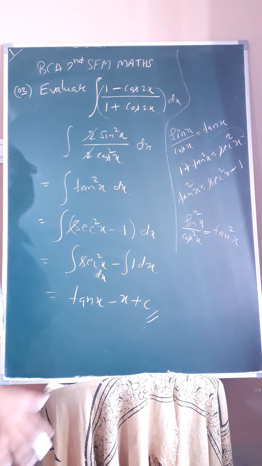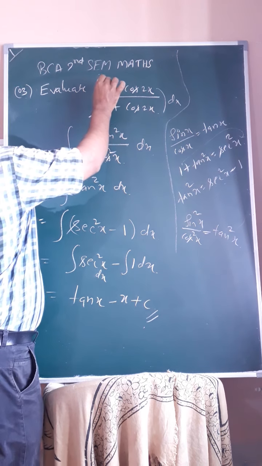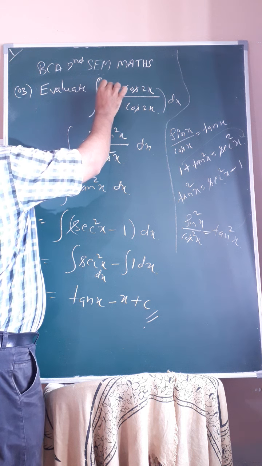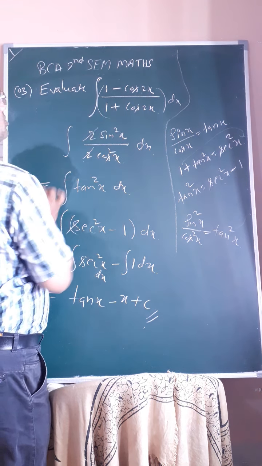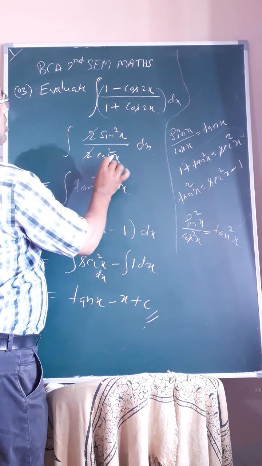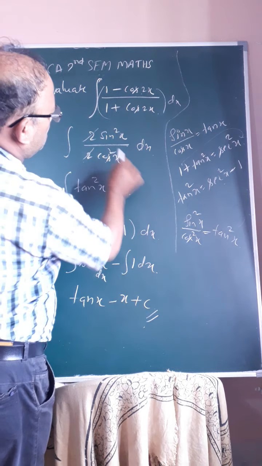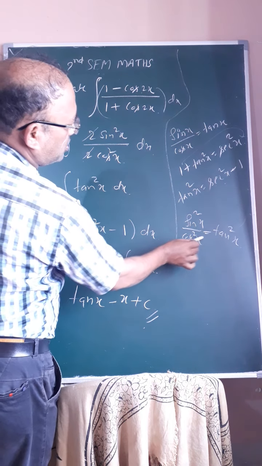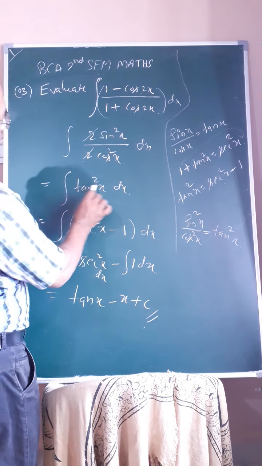So in this problem we have used the formula 1 minus cos 2x as 2 sin square x, and another formula, 1 plus cos 2x as 2 cos square x. Just a basic formula: sin square by cos square is tan square x.